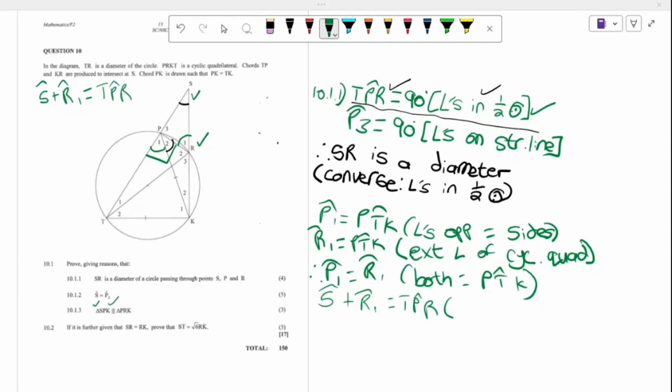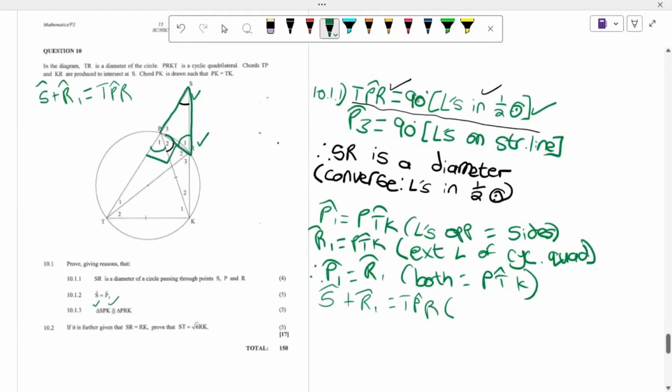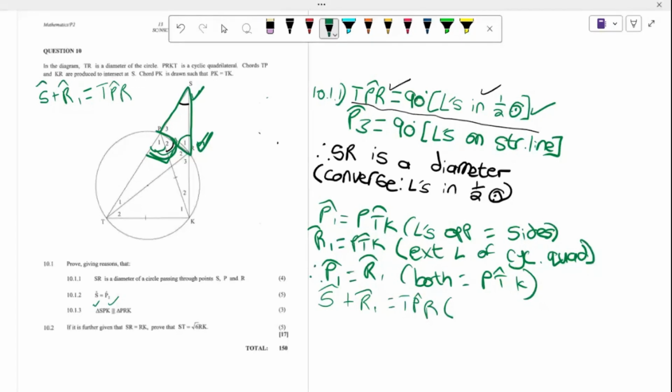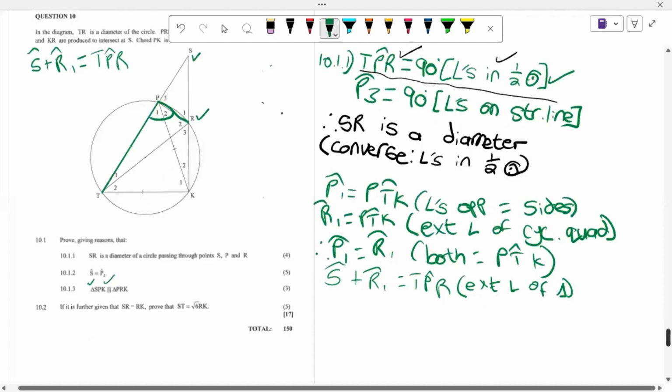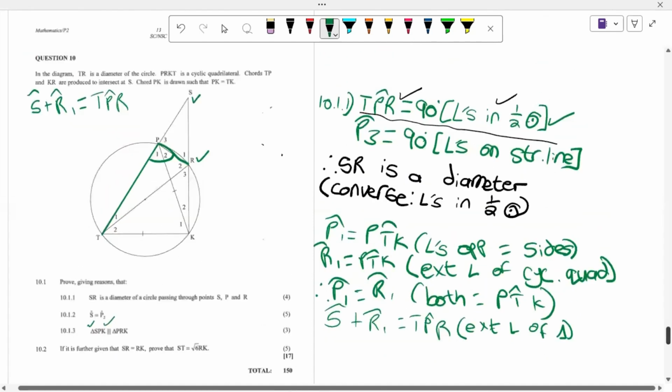So this guy is equal to this guy plus this guy. My exterior angle of a triangle is equal to the sum of my opposite interior angles. So that's why. Let us continue.